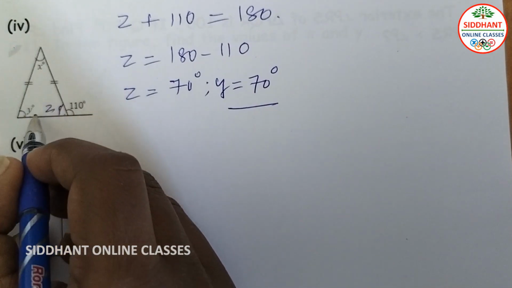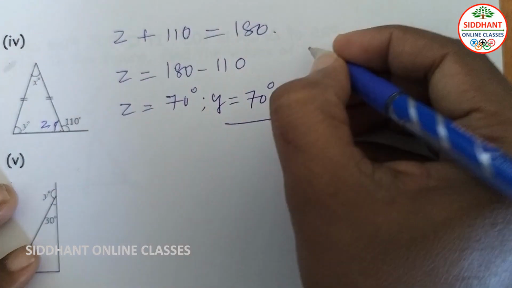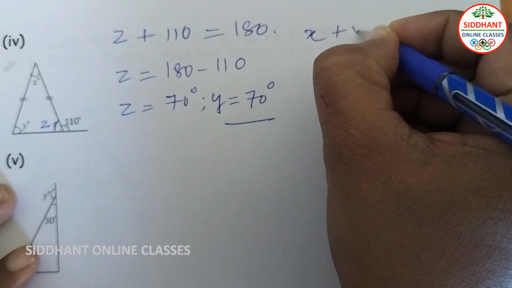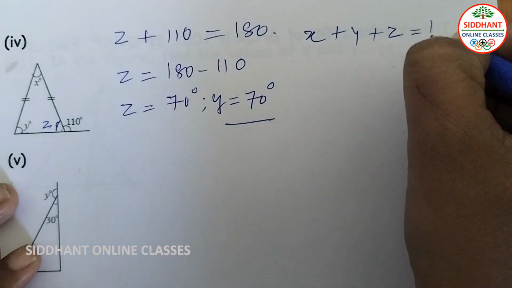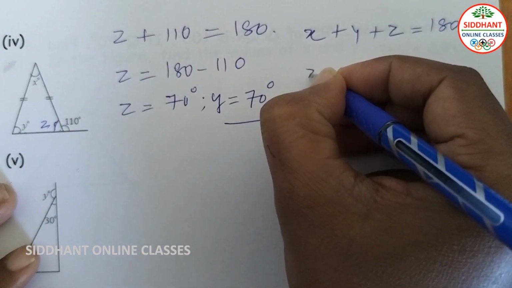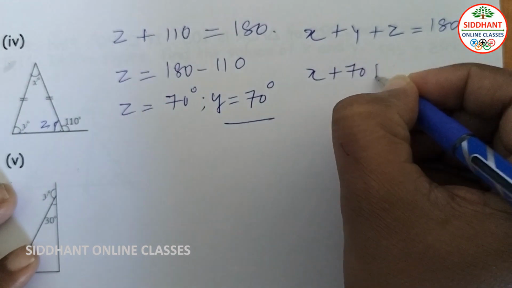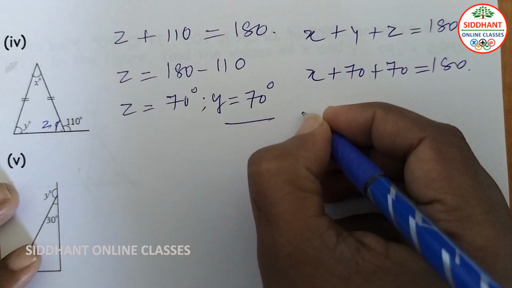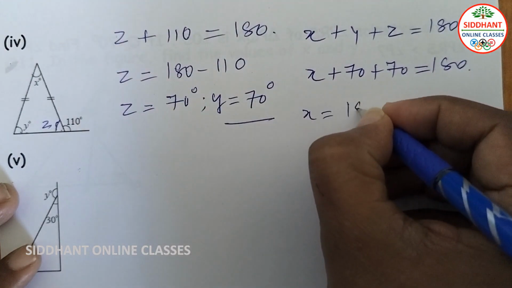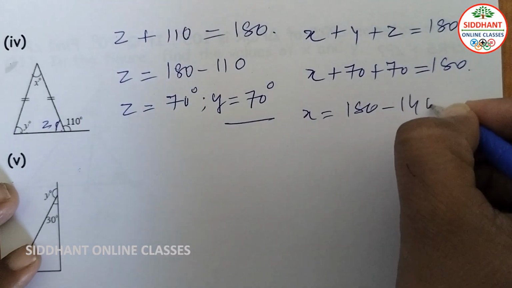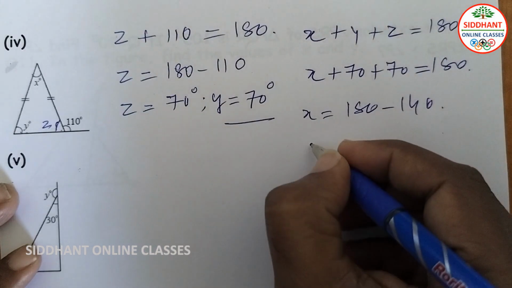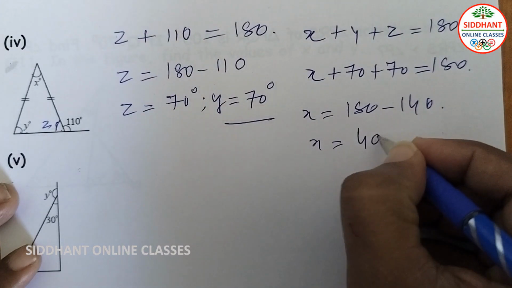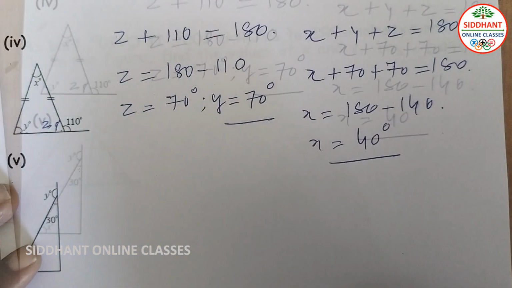Then x plus y plus z equals 180. So this is 70, this is 70, that equals 180. Then x equals 180 minus 140, then x equals 40 degrees here.